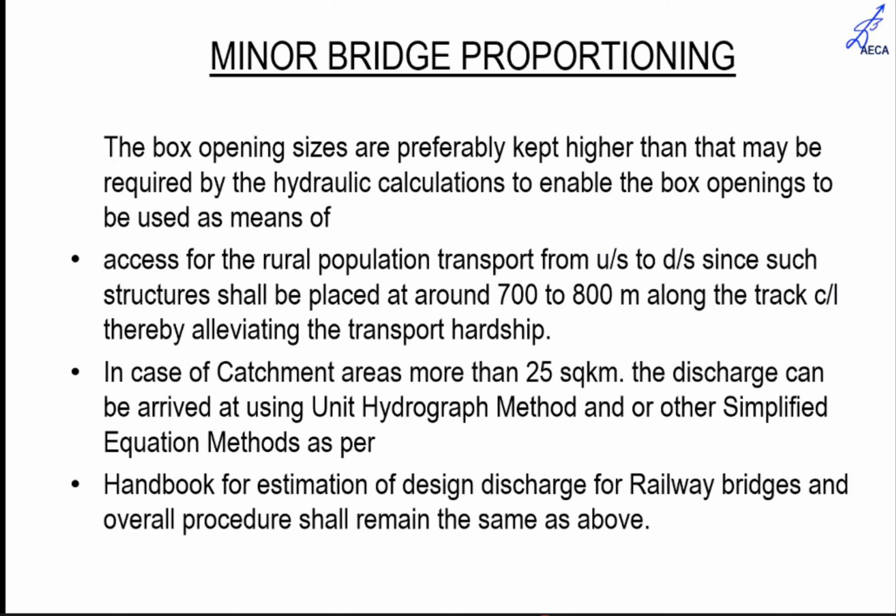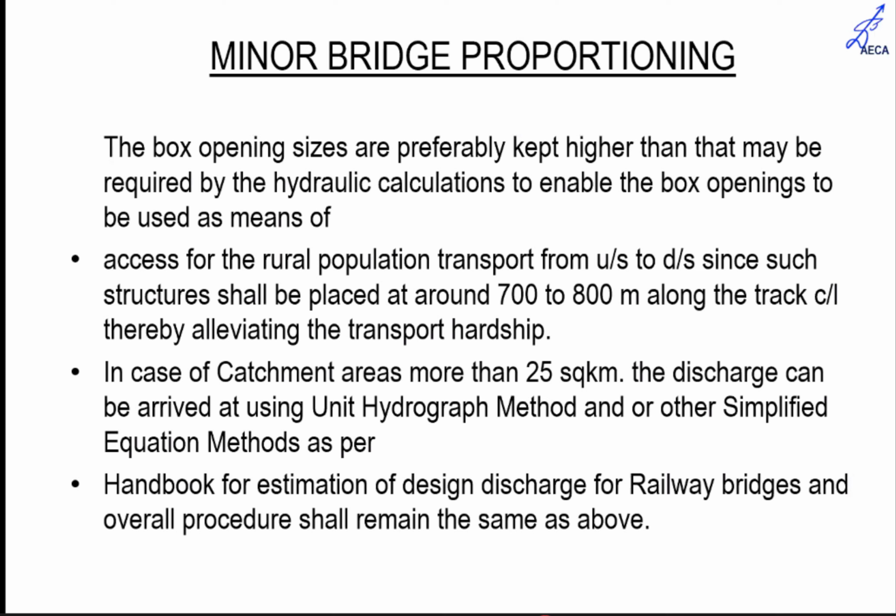This is so because many times these bridges are also used as a transport by the local rural population, and these structures are also kept at around 700 to 800 meter intervals along the center line of the track formation to alleviate the transport hardship.